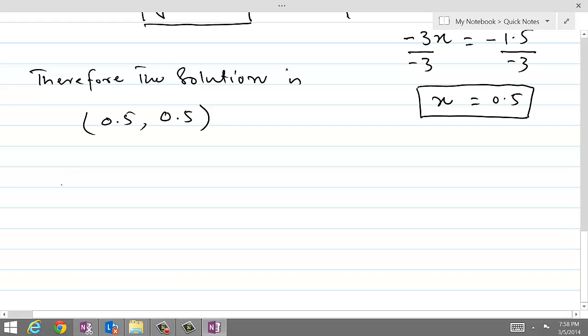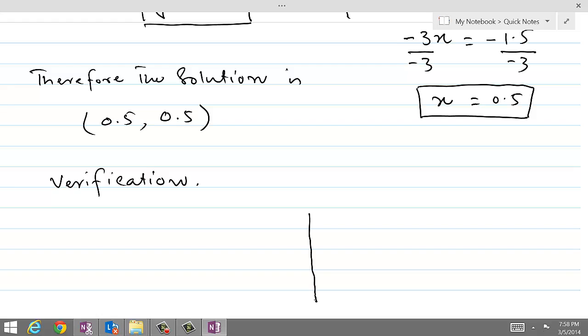And now we will need to verify this, and the verification process begins now. We know that how we do the verification is we write the point and both equations. So let's do this verification now.